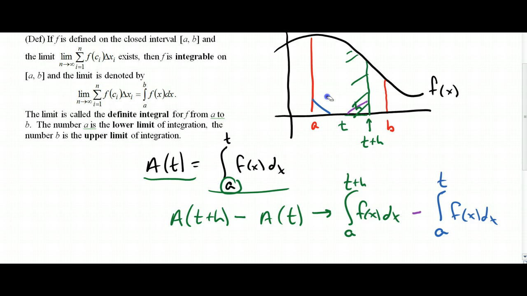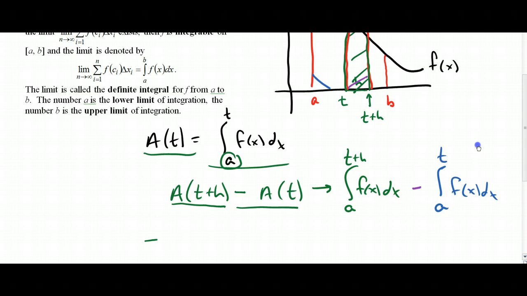Okay, so we've got all of that. Let me erase the pictures and make it a little less cluttered, like so. So we've got that region, A of t plus h minus A of t. Now since I don't know the function, I don't know anything else about the region, I can come up with some approximations. Using the idea of those left and right Riemann sums, if I took a left sum of that region in question, I see that I'm going to have too much area.